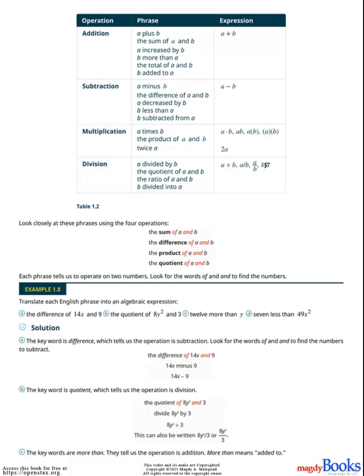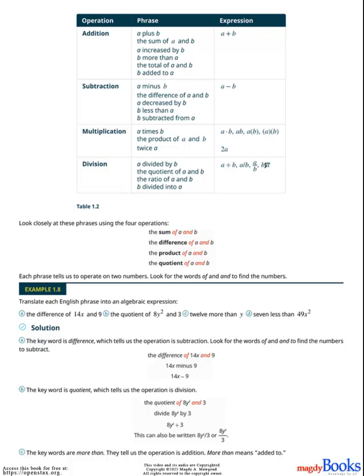B subtracted from A. 3. Multiplication. A times B. A dot B. A times, open parenthesis, B, closed parenthesis. Open parenthesis, A, closed parenthesis, times, open parenthesis, B, closed parenthesis.